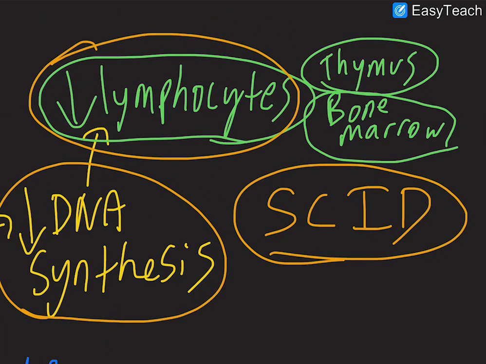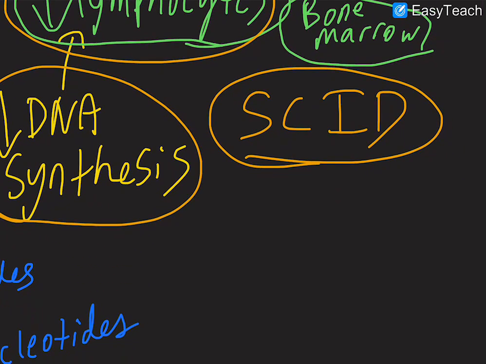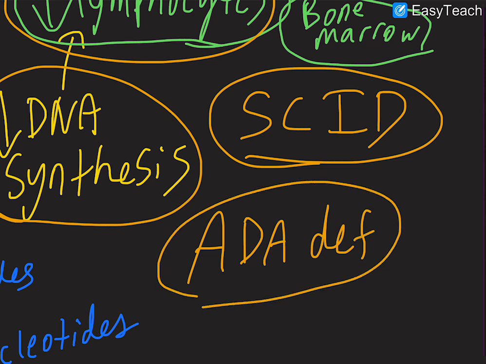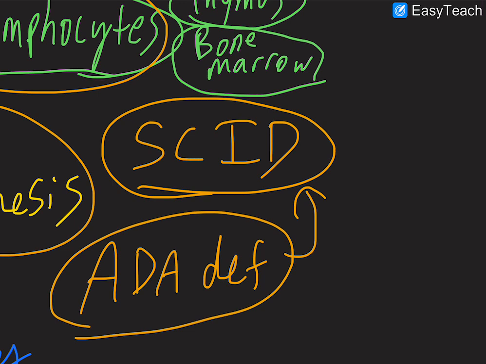That takes a huge hit on your immune system, because fewer lymphocytes means you can't fight infections off properly, putting you at higher risk of certain infections. It's also good to note that adenosine deaminase deficiency is one of the causes for severe combined immunodeficiency.